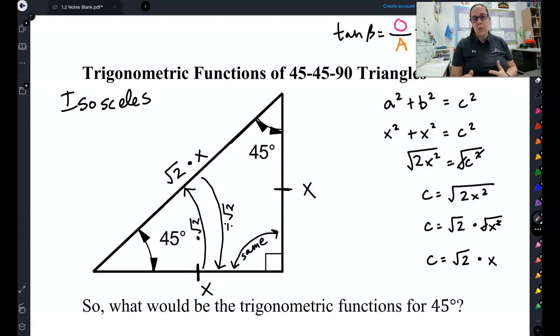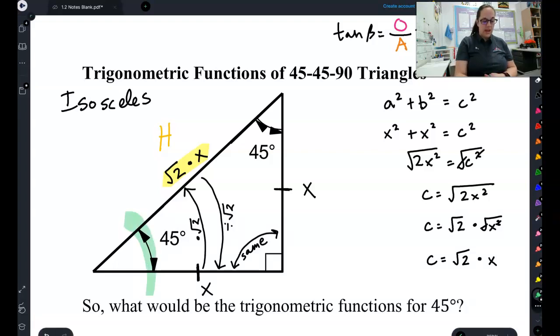Now, let's actually get to what we were talking about earlier with SOHCAHTOA and trig. We know that the trig functions for every 45, 45, 90 triangle will be the same because they're similar triangles. So let's take a second and label this triangle. I go across from the right angle. That's my hypotenuse. And then let's say for the sake of this problem, we're going to focus on this angle.